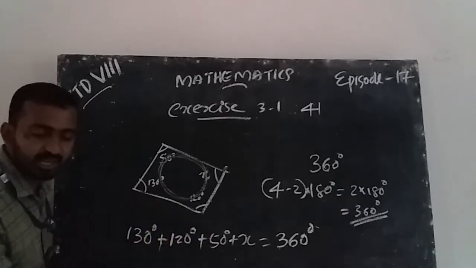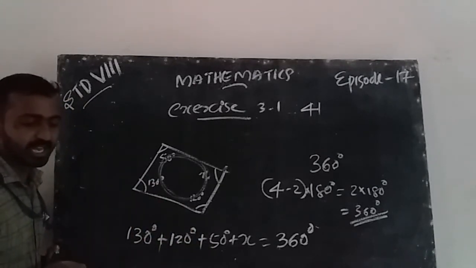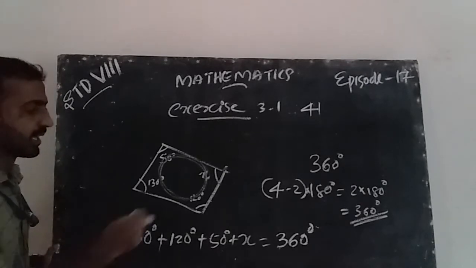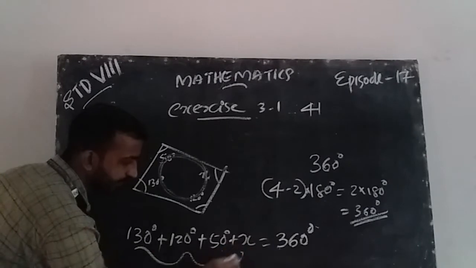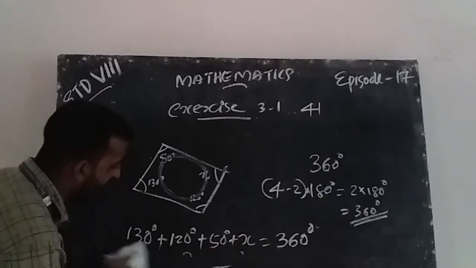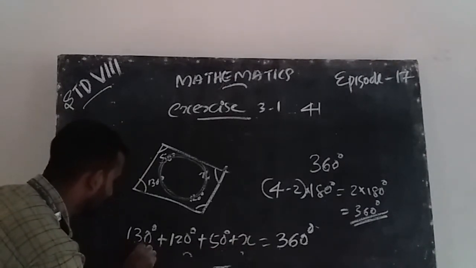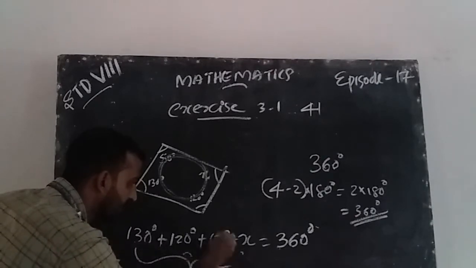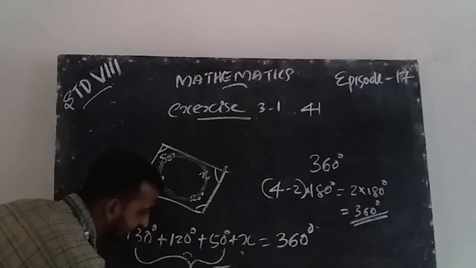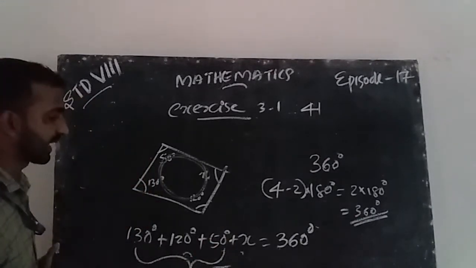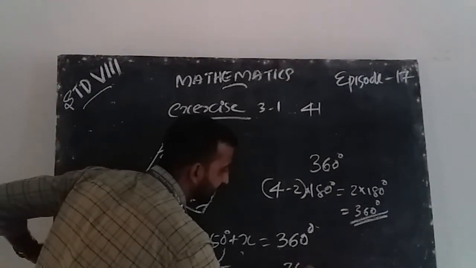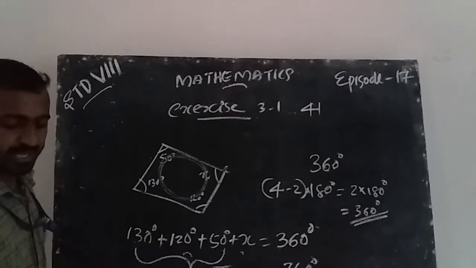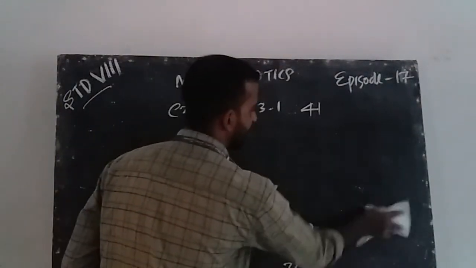That is 300 degree plus x equal to 360 degree. That is what we can write.